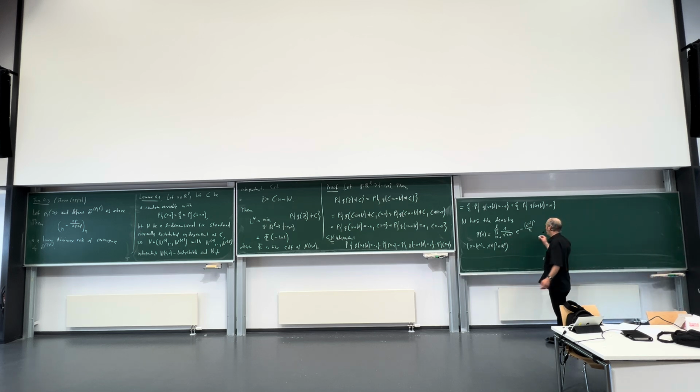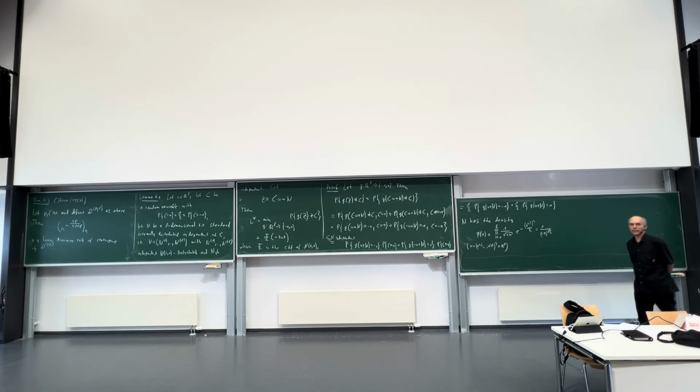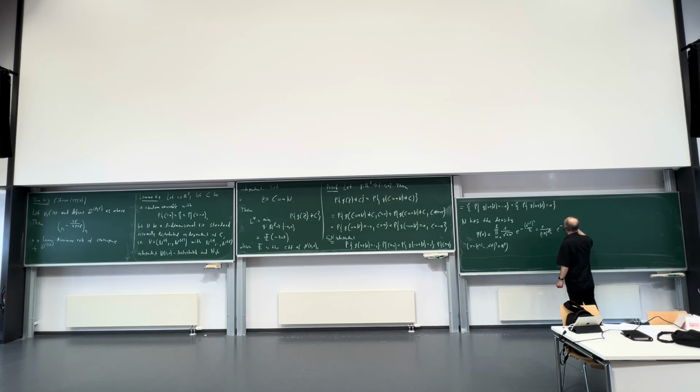The first one gives you 2 pi to the power minus L divided by 2, and then the second one, the product of the exponentials, is the exponential of the sum, and the sum is e to the power minus norm of x squared over 2. So we have this one.